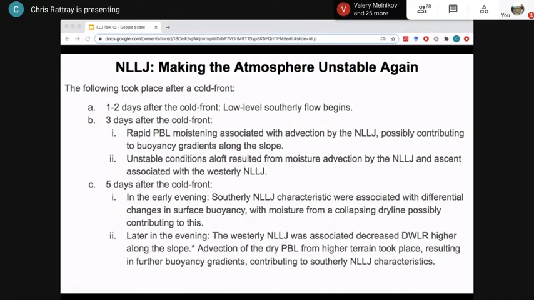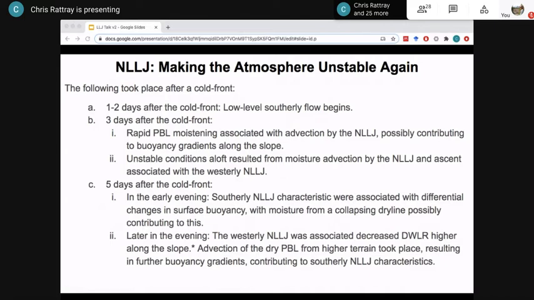The characteristics of the southerly jet from 0 to 6 UTC were consistent with being influenced by the thermal wind effects from the changes to the thermal gradients along the slope. And from 6 to 12 UTC, the characteristics of the westerly jet appear to be influenced by the cooling taking place further upslope in eastern Colorado.